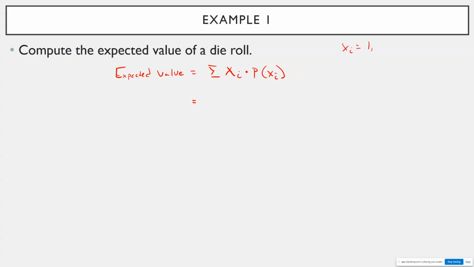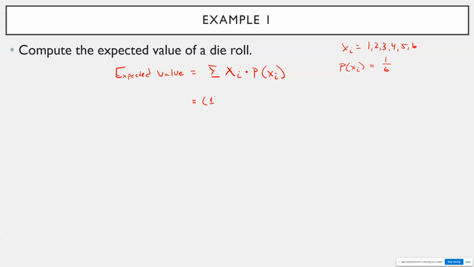When you roll a die, you get a 1, a 2, a 3, a 4, a 5, or a 6. And in this very simple example, the corresponding probability for each of these is 1/6. The probability you roll a 1 is 1/6, the probability you roll a 2 is 1/6, and so on.